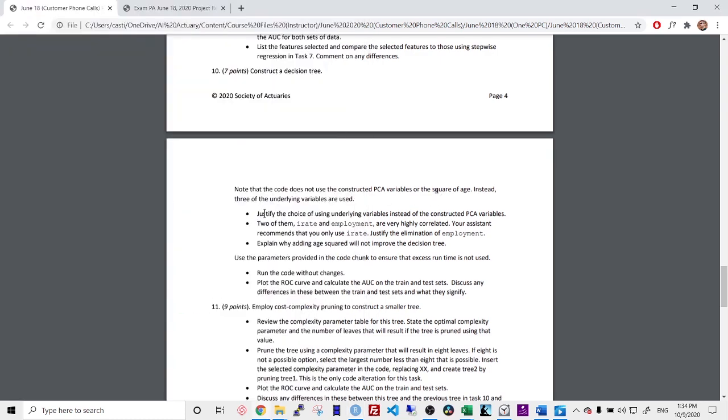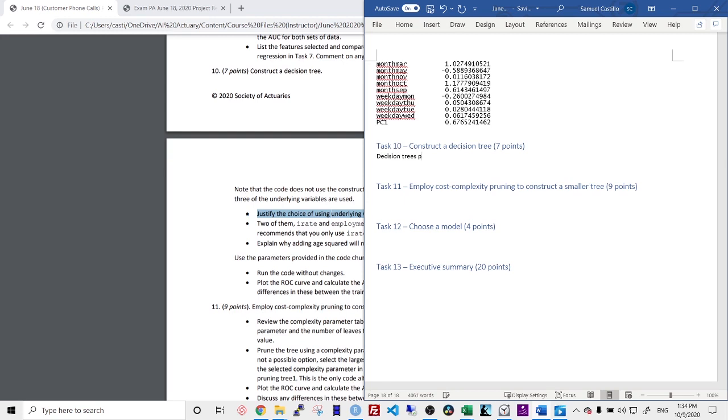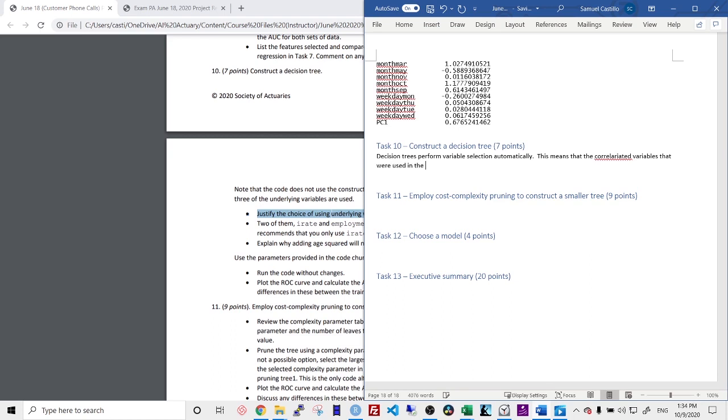The first part is justify the choice of using underlying variables instead of the constructed PCA variables. So decision trees perform variable selection automatically. This means that the correlated variables that were used in the principal component analysis can be used separately without causing problems in the model.